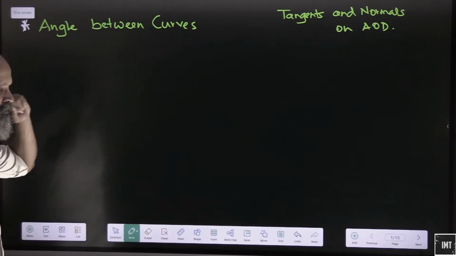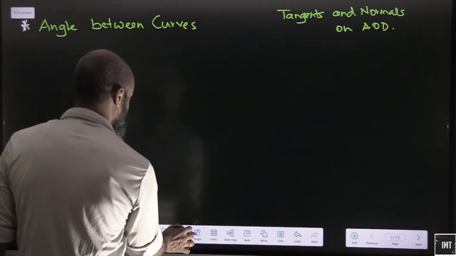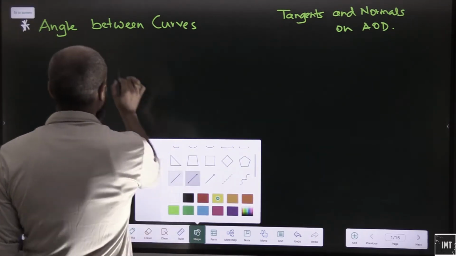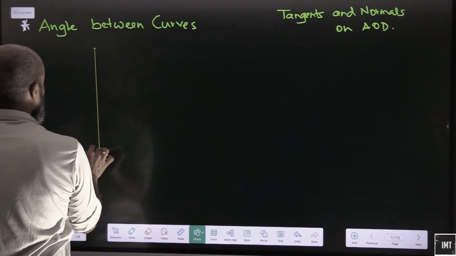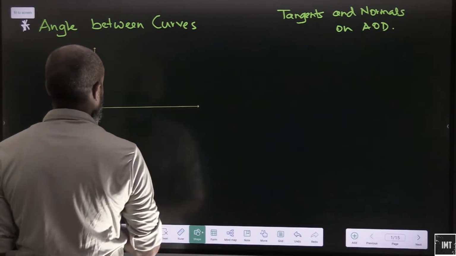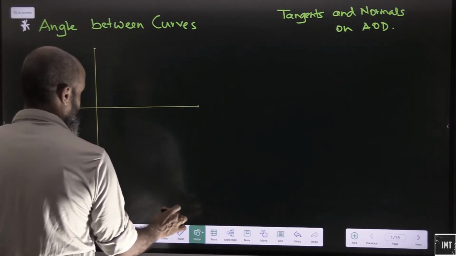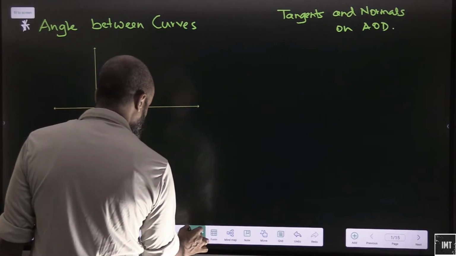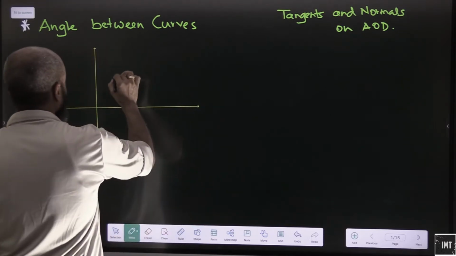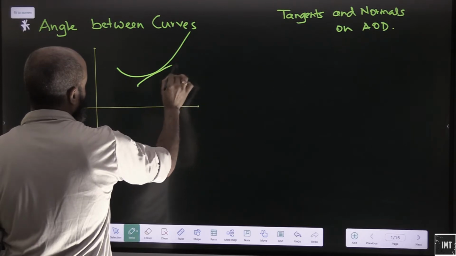Okay, so what we have here is angle between curves. So let's understand this. Let's say we have an axis like this, and let's say we have 2 curves out here which are intersecting. So let me draw a curve out here and a curve out here.